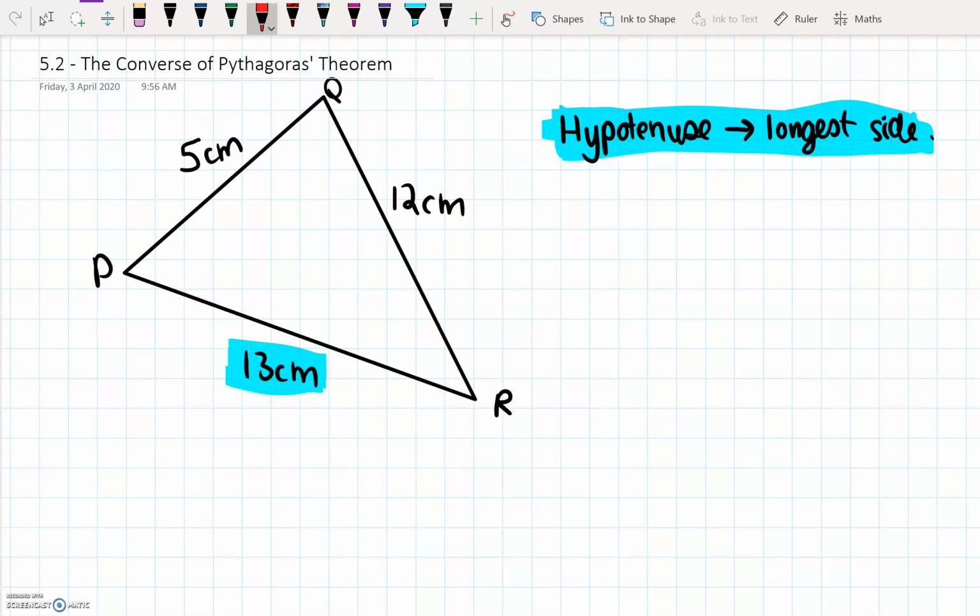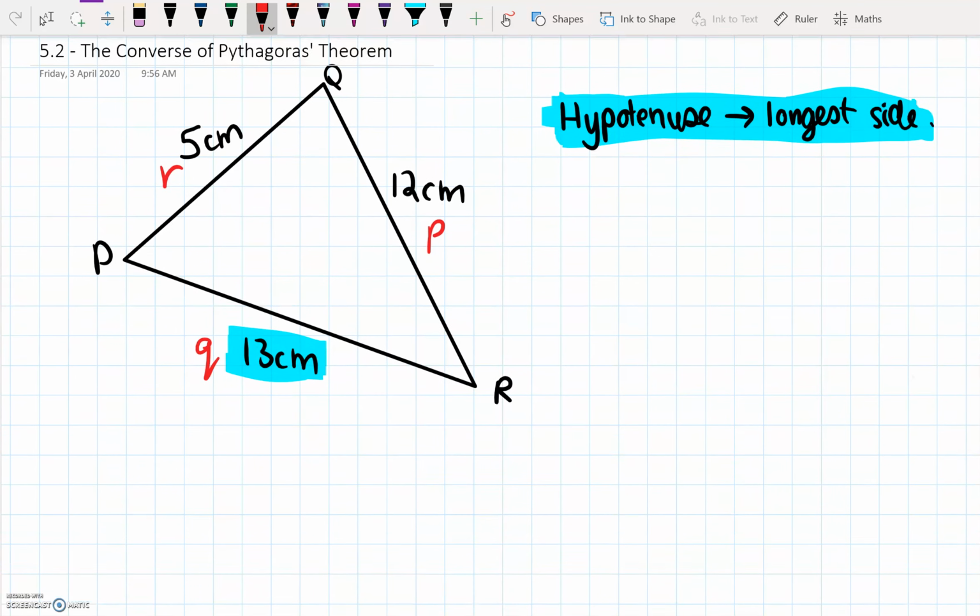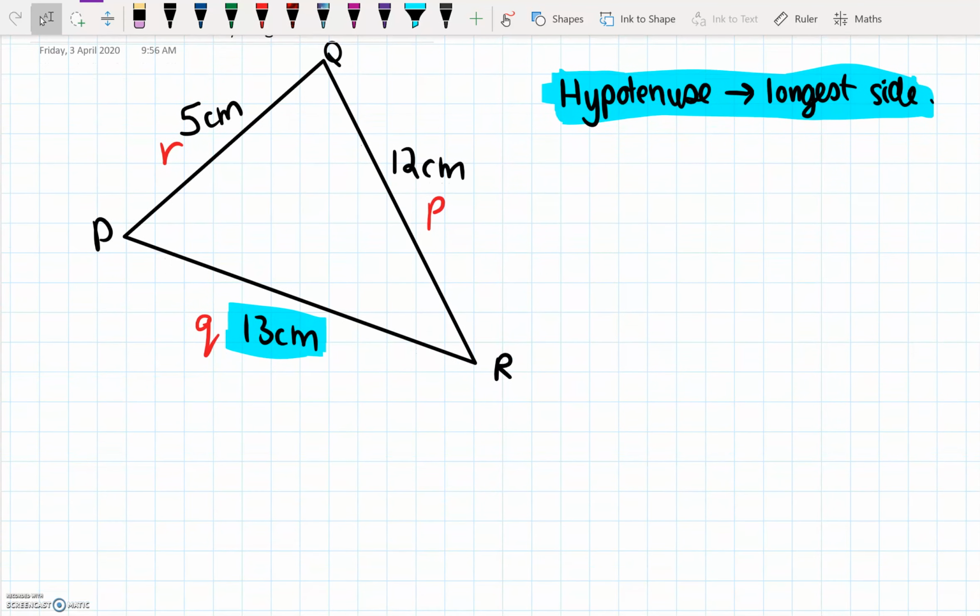Now again we want to start by naming the sides. Remember, opposite angle Q is side Q, opposite angle P is side P, and opposite angle R is side R. The way we are going to do this is we know that Q should be the hypotenuse if this is a right-angled triangle, so Q squared is equal to P squared plus R squared.